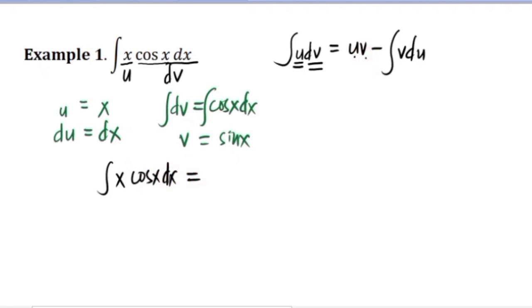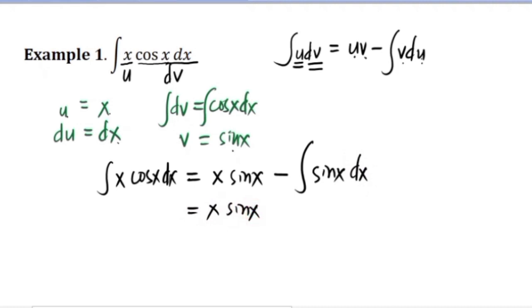So, yung u natin is x. So, that's x. And your v is sine x. So, it's sine x minus the integral of v du. So, yung v natin is sine x and your du is dx. So, we have x sine x.